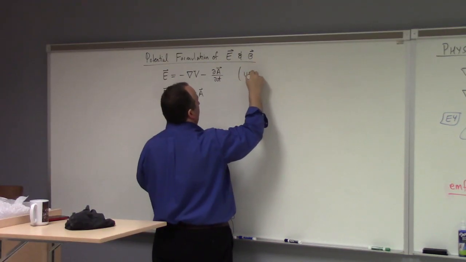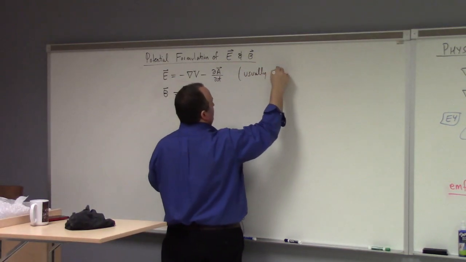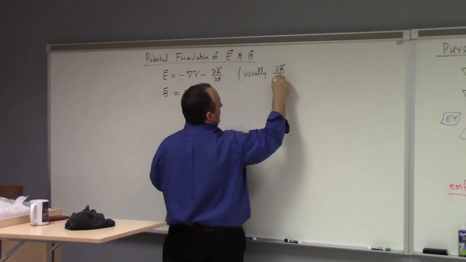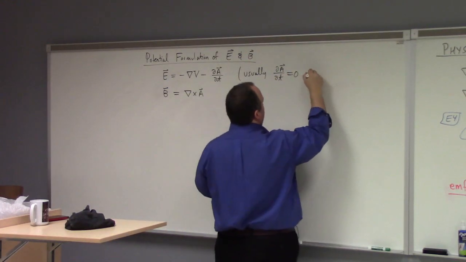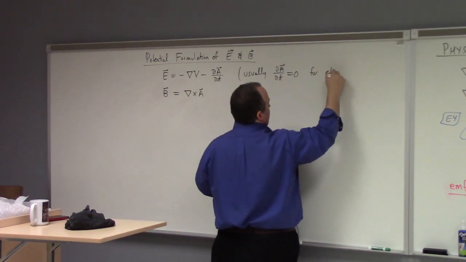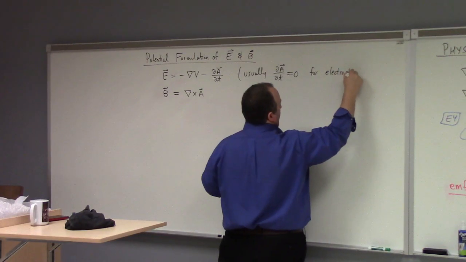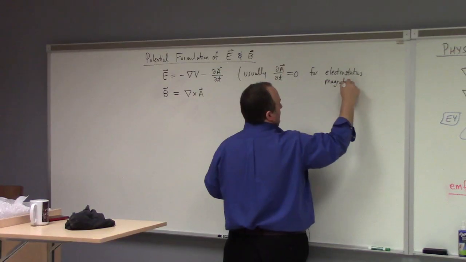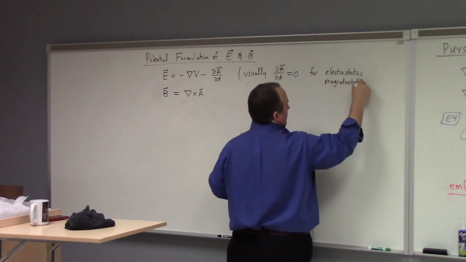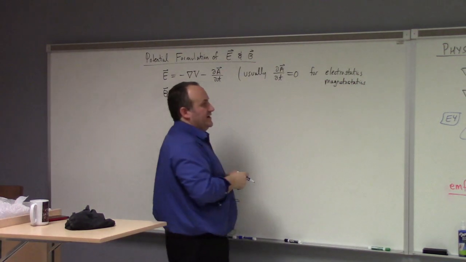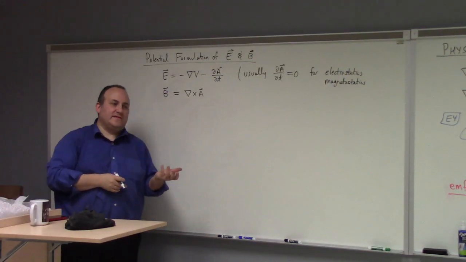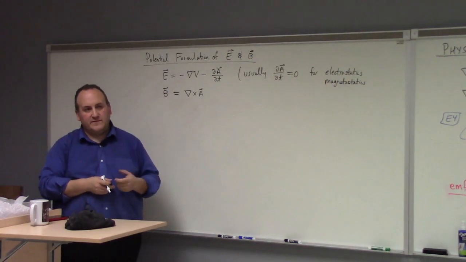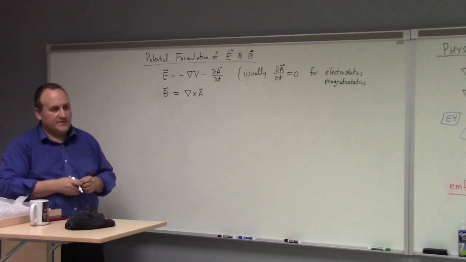Usually, partial A partial t is equal to 0. This would be for electrostatics and also magnetostatics. Electrostatics and magnetostatics is when the currents involved are steady.